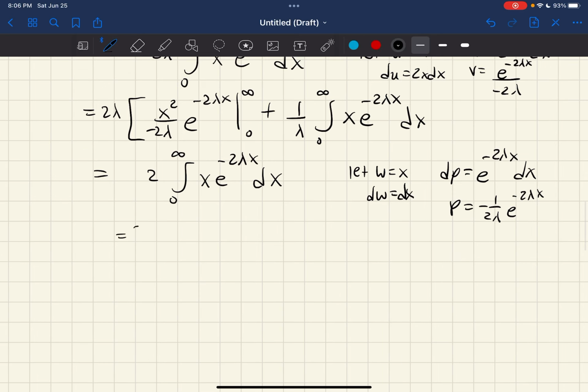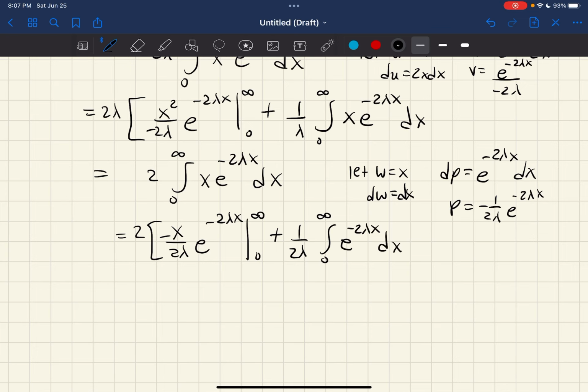So now we get 2 times uv, or I guess in this case wp, which is x times negative 1 over 2 lambda e to the minus 2 lambda x, evaluated from 0 to infinity, and then minus p dw, which is just going to be plus 1 over 2 lambda times the integral from 0 to infinity of e to the minus 2 lambda x dx.